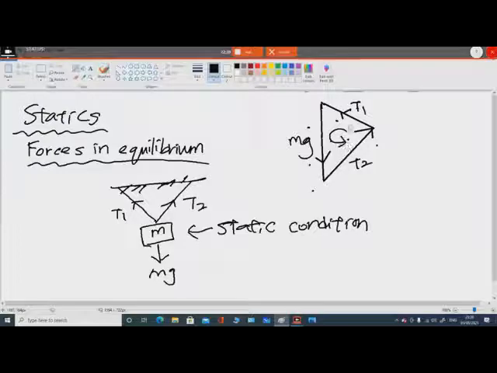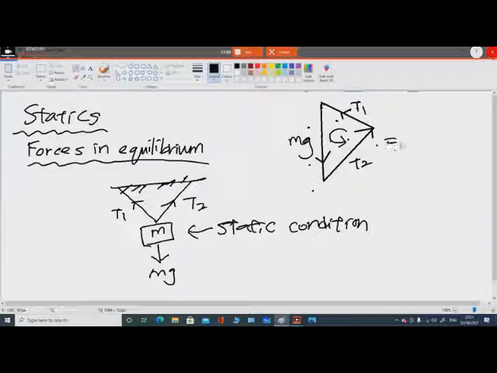So we can see that the direction of these three forces is anti-clockwise. So this is the anti-clockwise direction for these three forces.